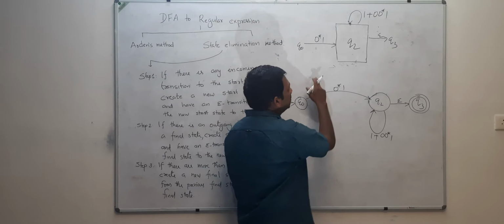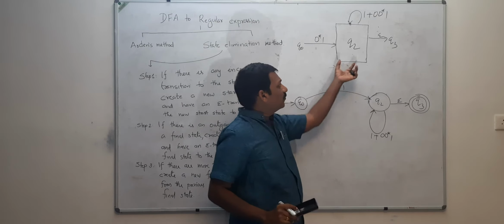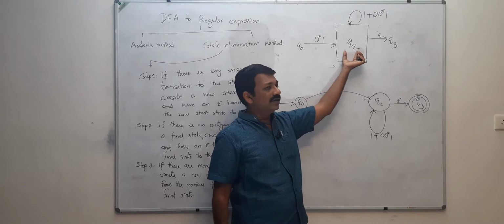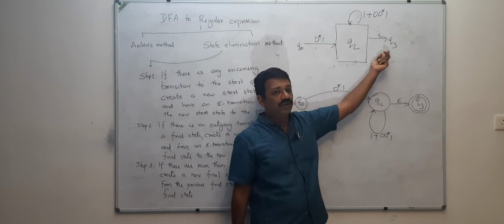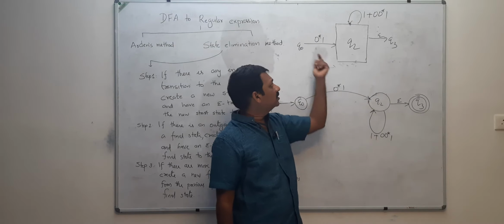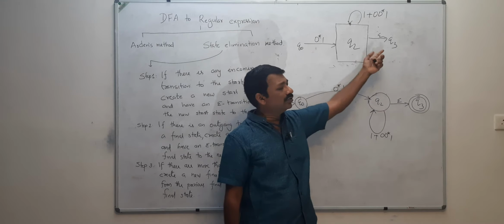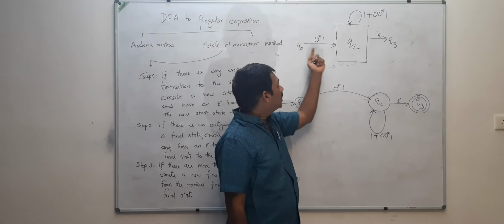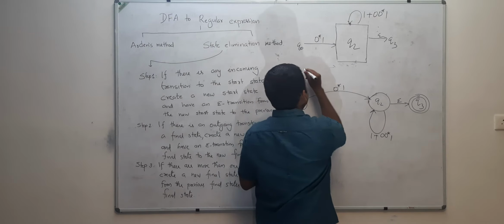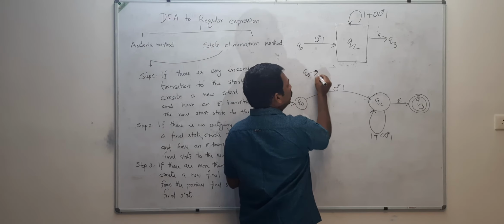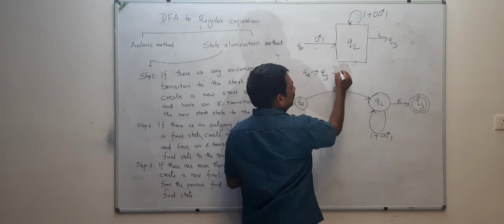Now if you are eliminating Q2, there should be some way from Q0 to Q3, or if you are closing this junction, there should be some path from Q0 to Q3.